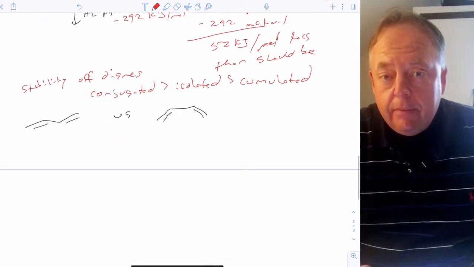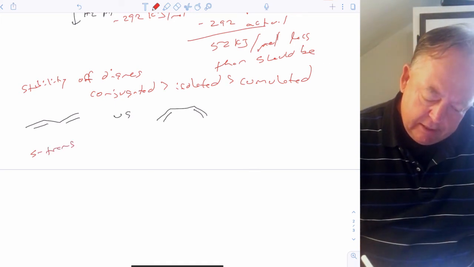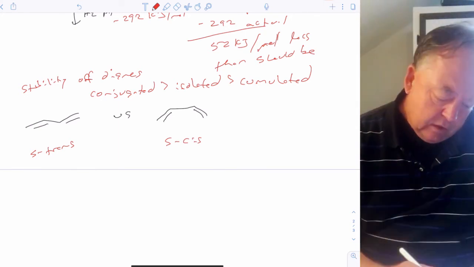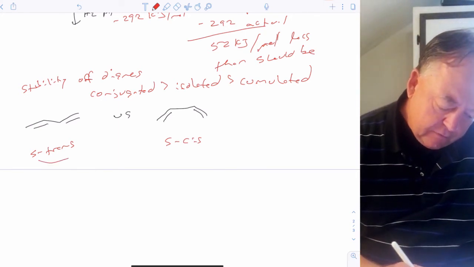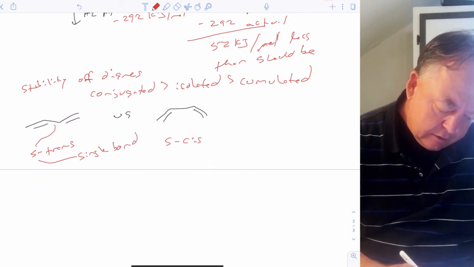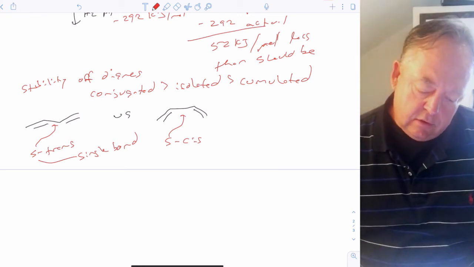Okay, and then there's another type of double bonds, and this is what's known as the S trans isomer, and this is what's known as the S cis isomer. So what does that come from? The S stands for single bond. So here there's a single bond between the two double bonds.